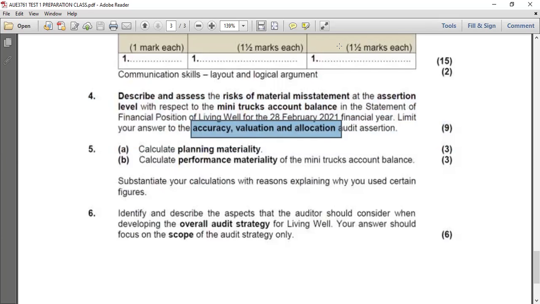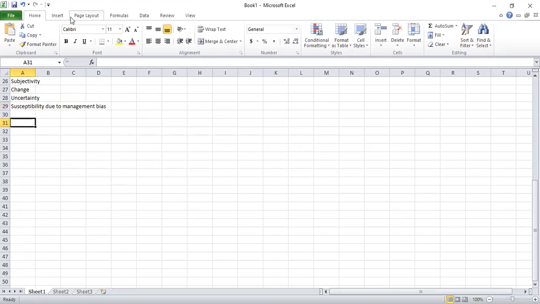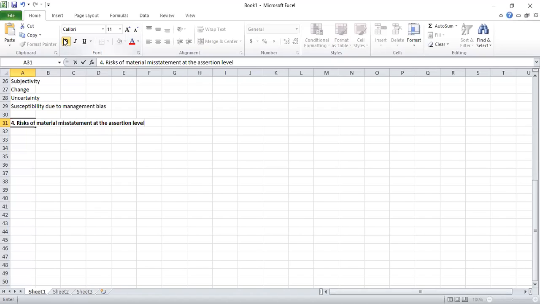Right. So please question 3, you can just check in the previous recording. Right. The risks of material misstatements at the assertion level. And what are we talking about?